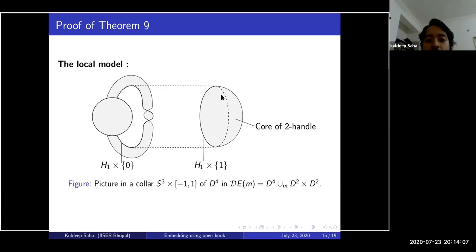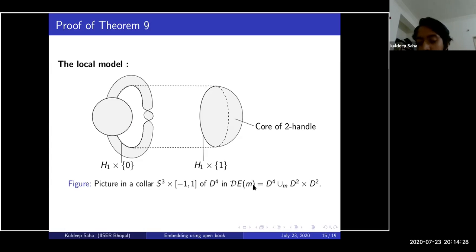And then attach a two handle along one of the two boundary components. For example, say we attach along the boundary component H1. It will create one extra boundary component, and this will give a new embedding of our disk inside DM. So what is the benefit of this local model?